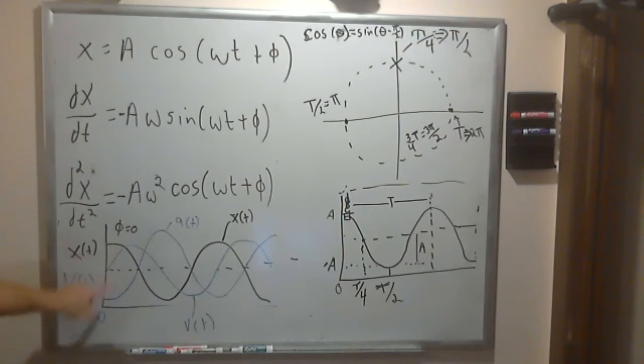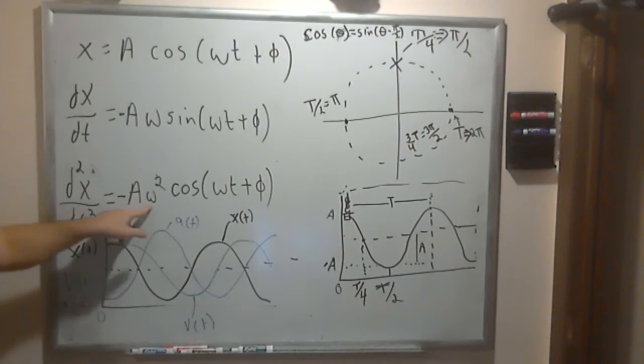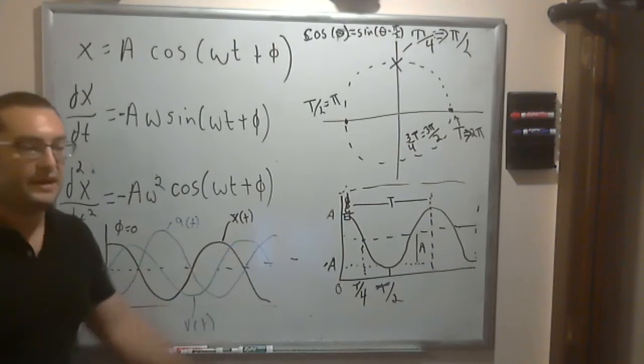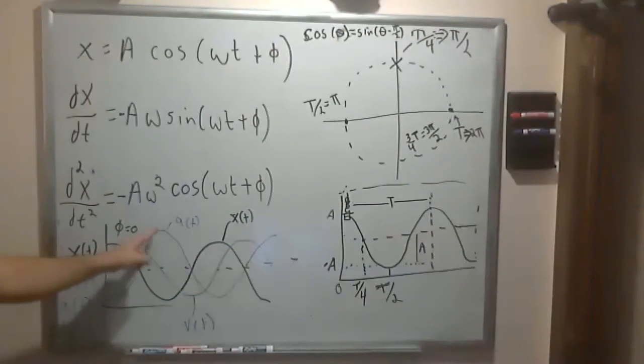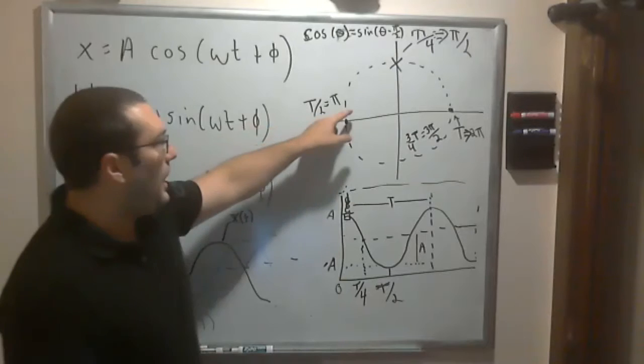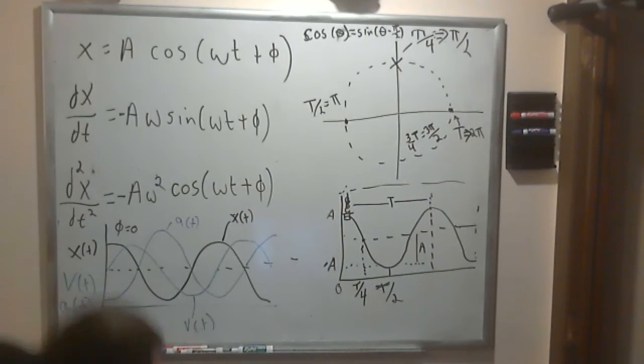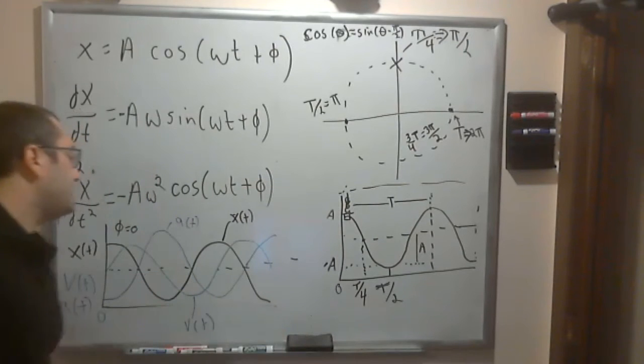Because whenever this has a max, this has the negative max, negative a omega squared. So this is completely out of phase, or pi out of phase, or 180 degrees out of phase. This is the terminology we use, right?